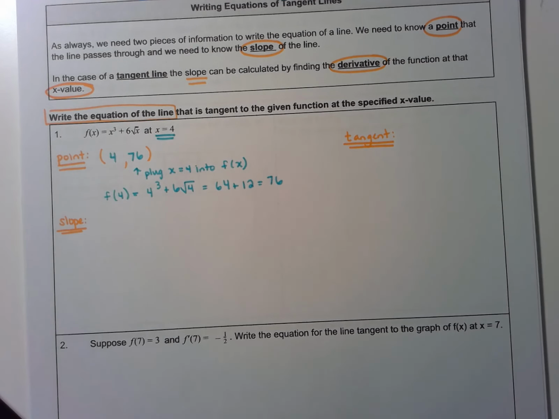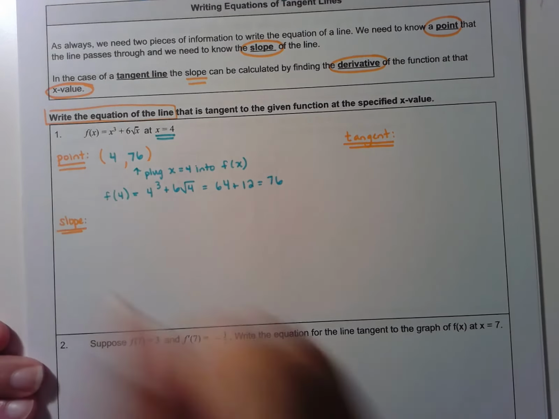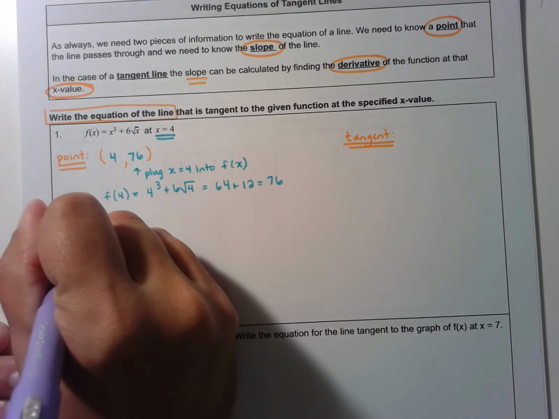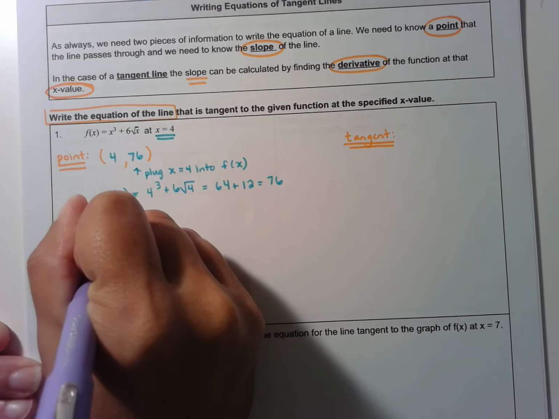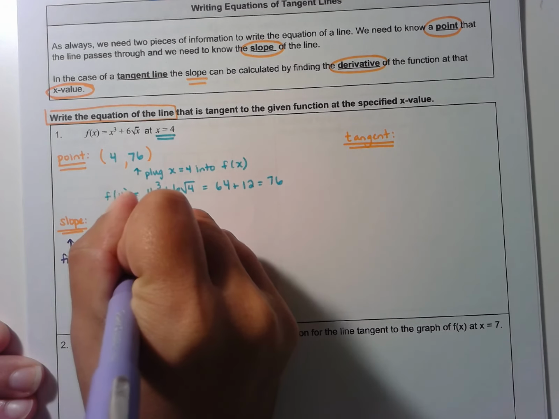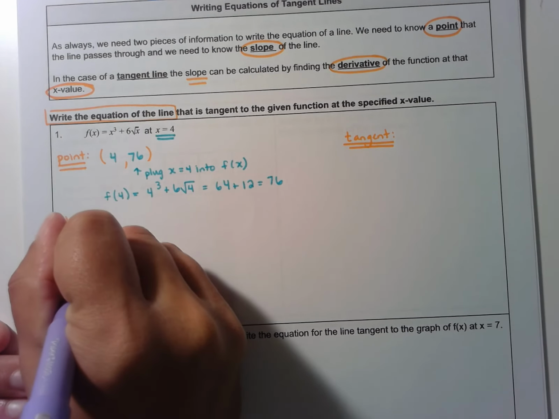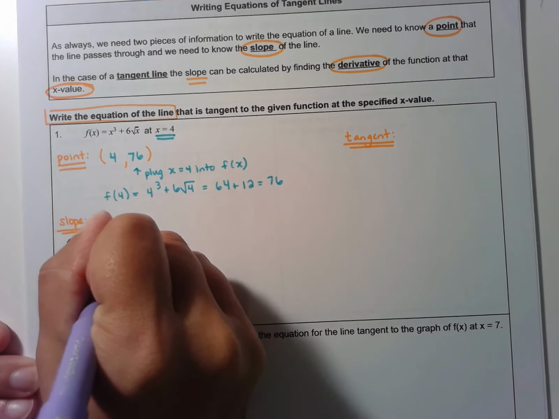To get my slope, I'm going to find the derivative equation using the rules that we've already talked about.